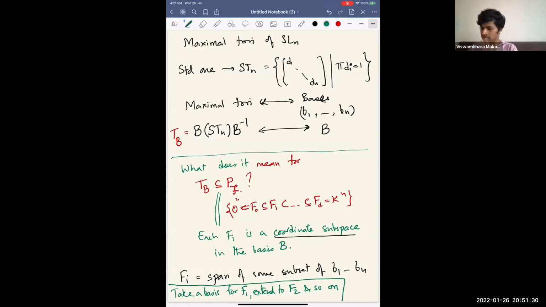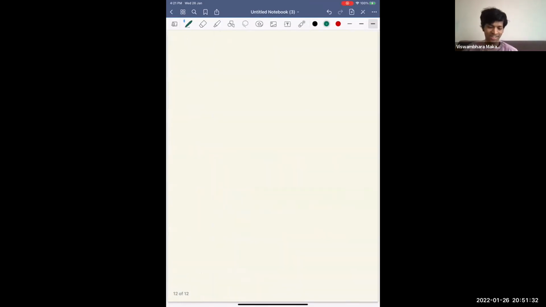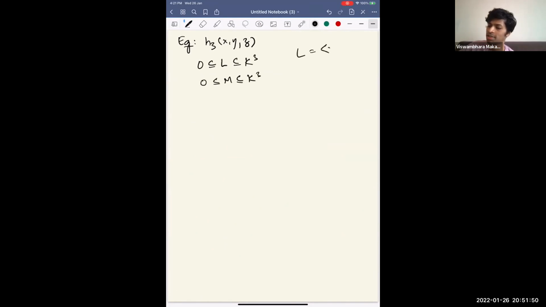Again, very concrete. Let's go back to our favorite polynomial, for this talk at least. Let's go back to this example. I will have to recall this because I know it, but you've probably forgotten it now. There are two possible flags, right? Where L was the span of x, y, z, and M was the span of x minus y and y minus z.